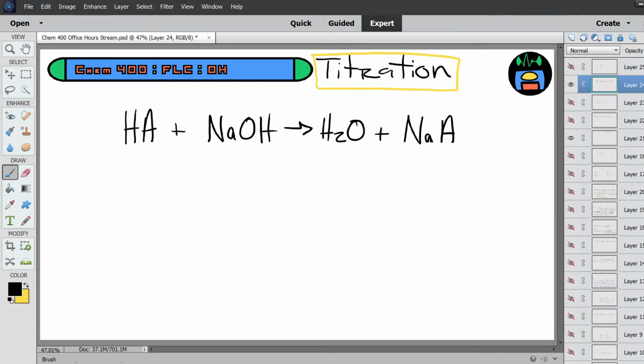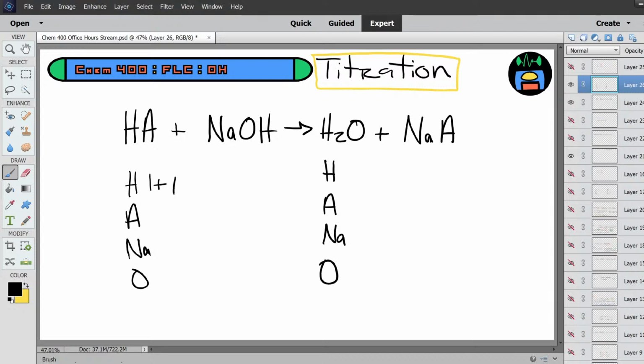And you'll notice when you go to balance this chemical equation, we have HA, whatever that is, sodium and oxygen on both sides. On the reactant side, we have 1 + 1 hydrogen atoms, 1 A chunk, 1 sodium, and 1 oxygen.